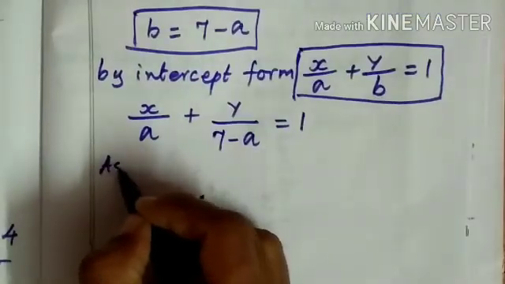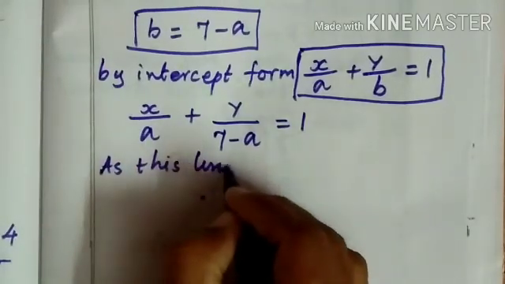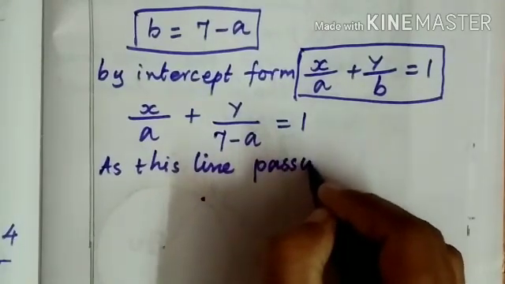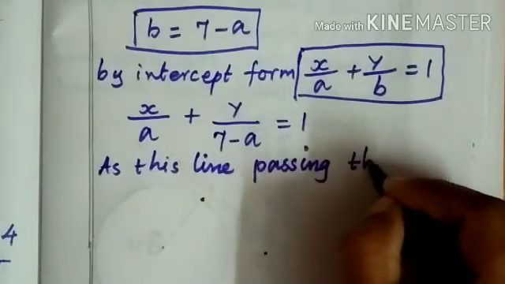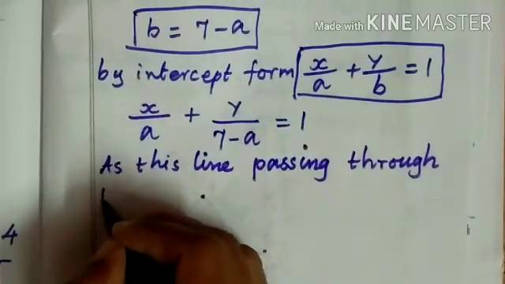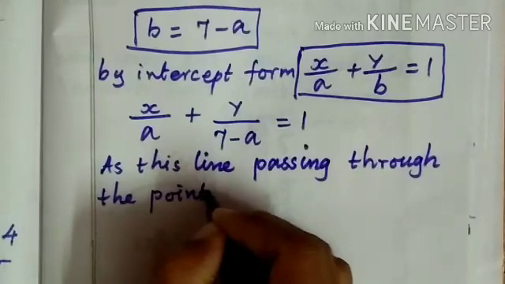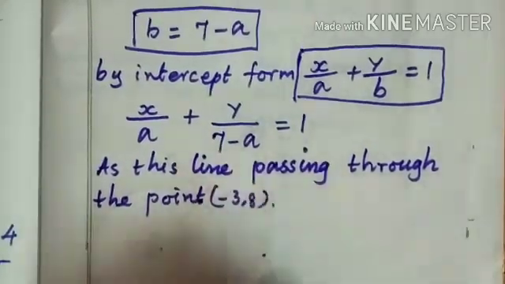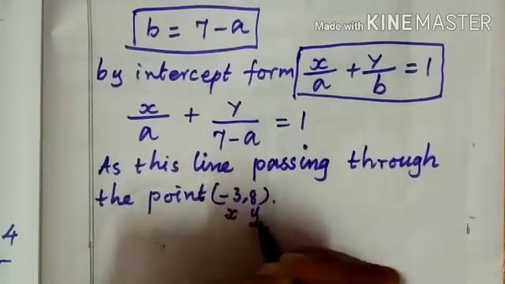As this line passes through the point minus 3, 8, you take the x point and y point.